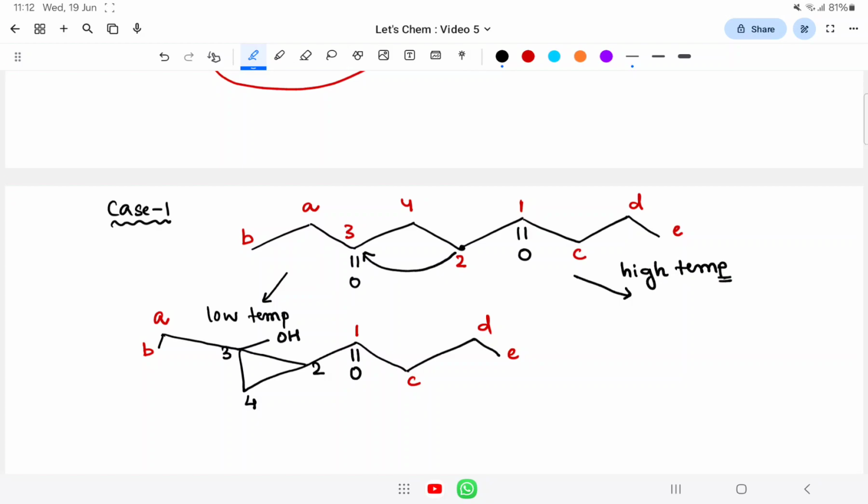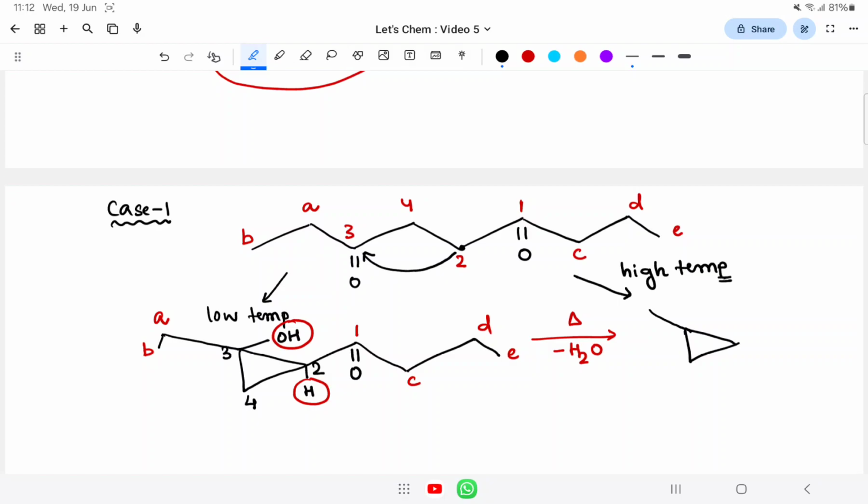High temperature, what is going to happen? Tell me fast. Yes, correct. This H and this OH are going to say bye-bye, and we are going to have elimination here. What type of elimination, guys? Yes, exactly, alpha-beta elimination. And what are we going to get?